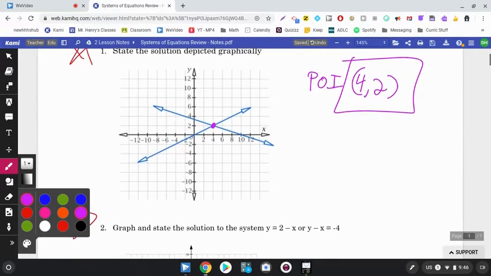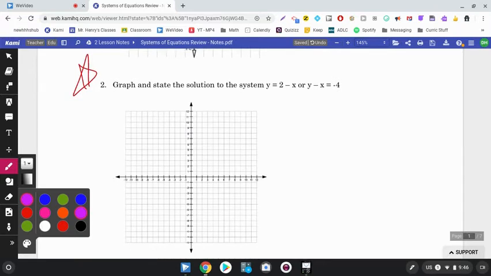Okay. Question number 2 asks a similar thing. It says graph and state the solution to y equals 2 minus x, and, that shouldn't say or, that should say and, y minus x equals negative 4. Well, what I'm going to do is use my calculator to help me out. So y equals 2 minus x, that's what I'm going to type into y1 on my calculator.